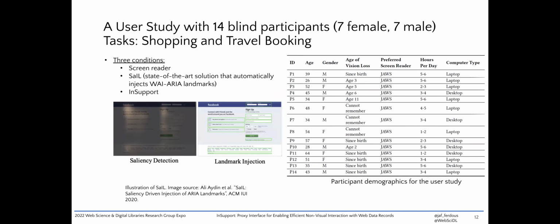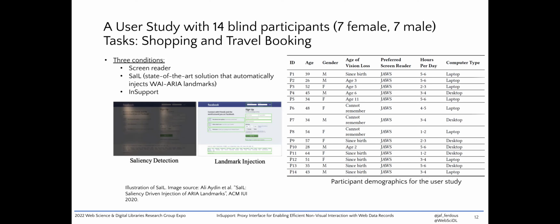To evaluate InSupport, we conducted a user study with 40 screen reader users who are proficient in web browsing and the JAWS screen reader. The participants did 2 types of representative tasks on travel and shopping websites. The first task was to locate a data record on a travel website that matches predefined criteria.